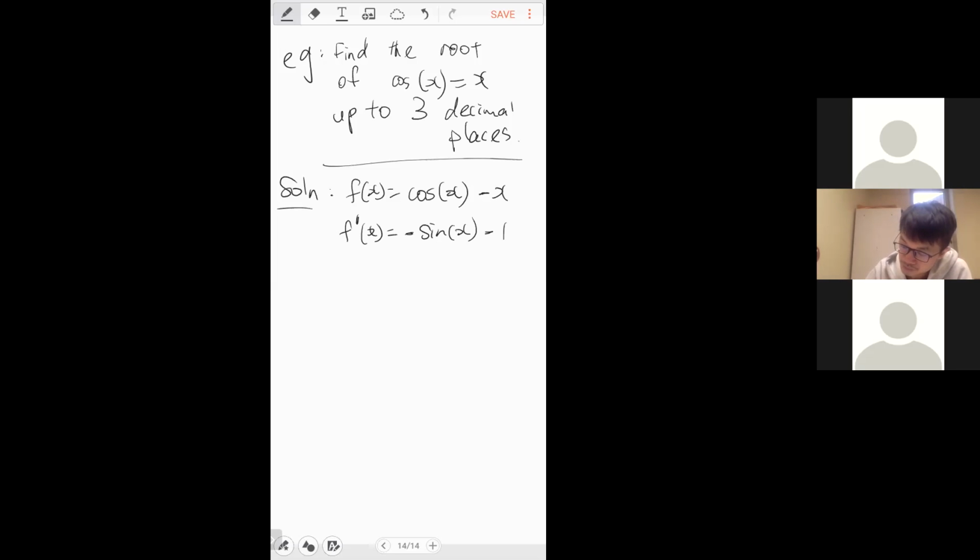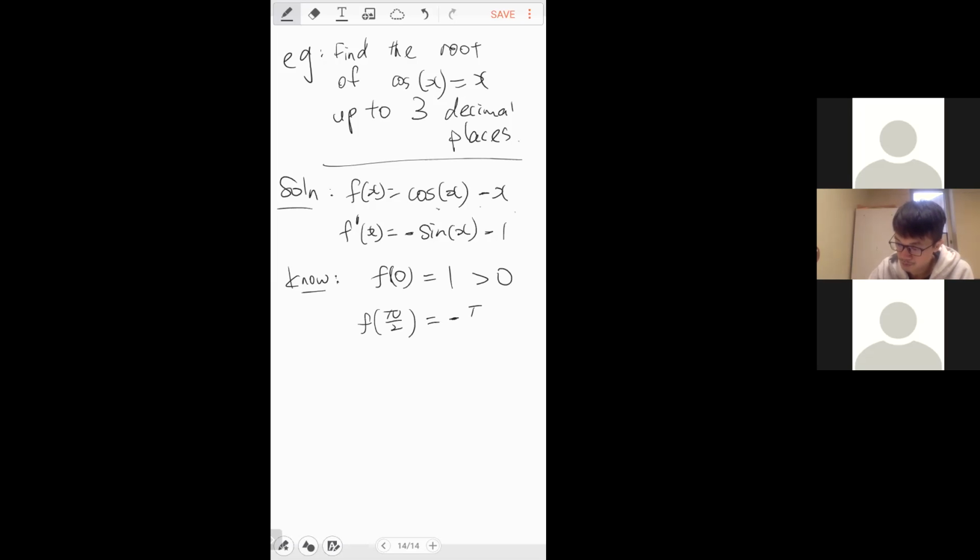Okay, now we know that f of 0 is 1, right? When you plug in 0, cosine of 0 is 1, and then x equals 0 is 0. So 1 minus 0 is 1, which gives you positive. And if you put in pi over 2, cosine of pi over 2 is 0.